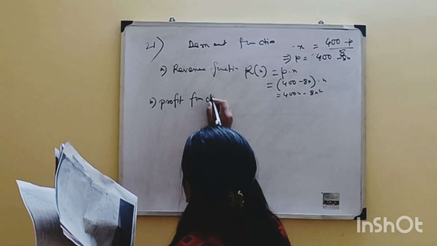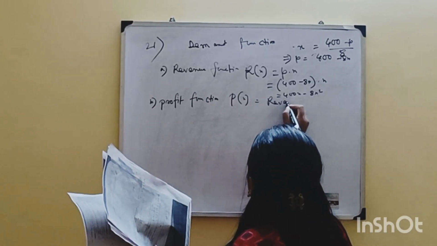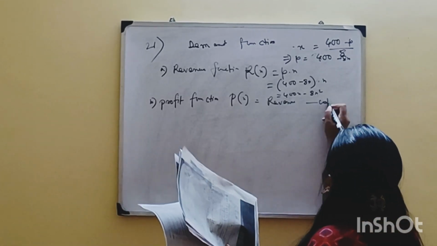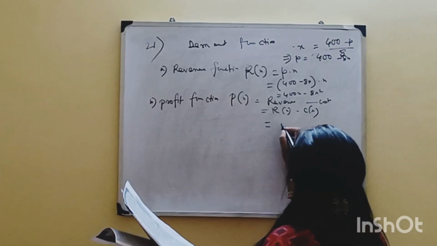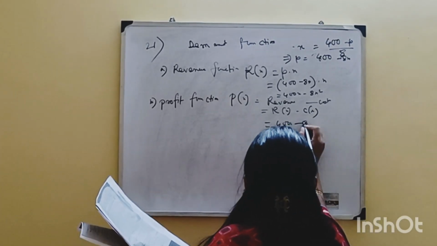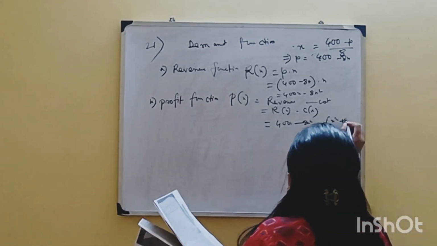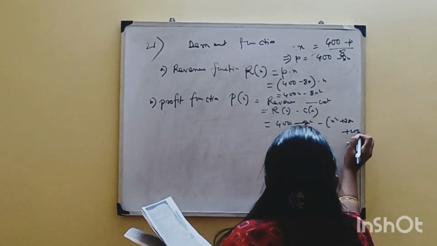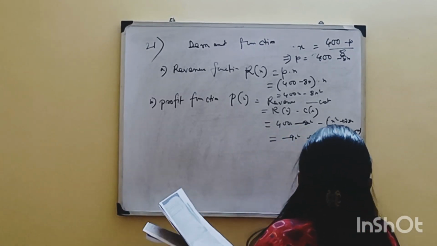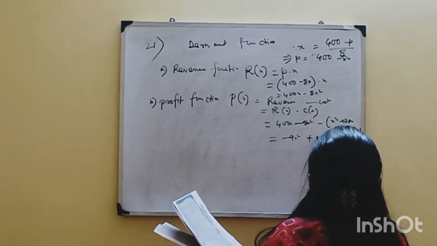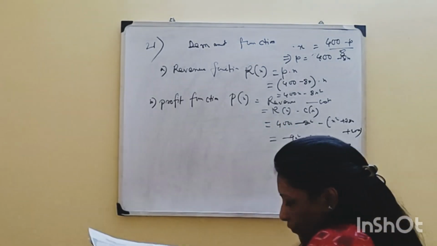You have to write it this way: profit function Px equals revenue minus cost, revenue function minus cost function, that means Rx minus Cx. Rx is 400x minus 8x squared, minus the cost function which is given, x squared plus 78x plus 2000. So it should be minus 9x squared plus 322x minus 2000. Okay. So this is the profit function.